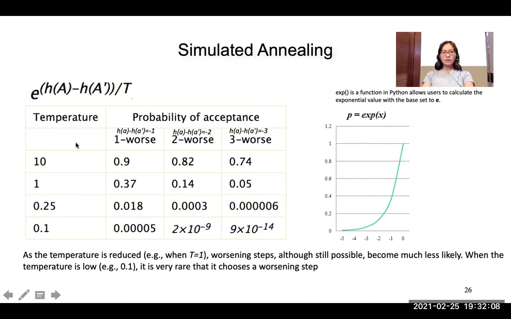You can calculate it like this. If your temperature is 10, and the neighbor is only one unit worse than the current state, the difference is -1 because it's worse. Substituting -1 into the formula, over T, the temperature 10.